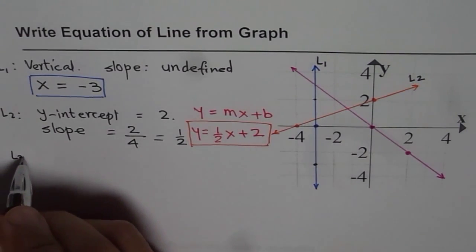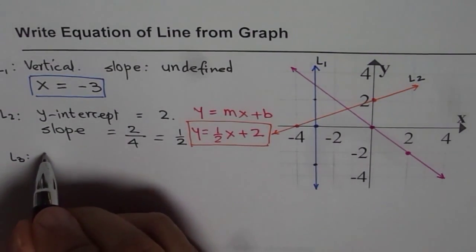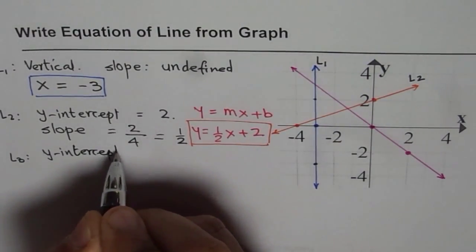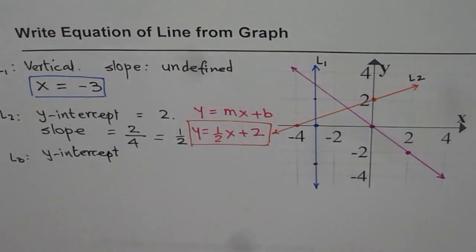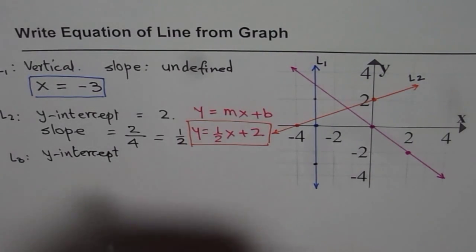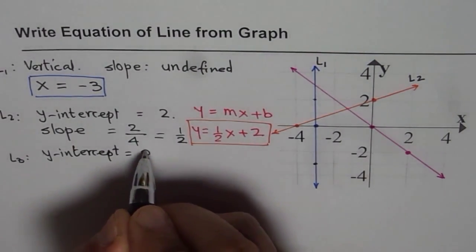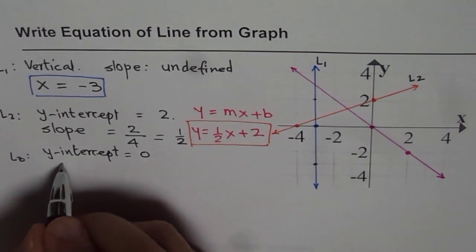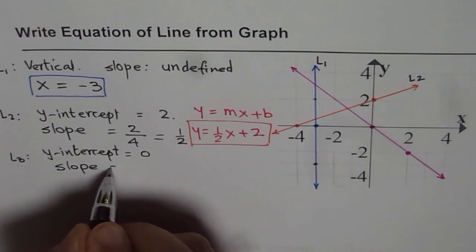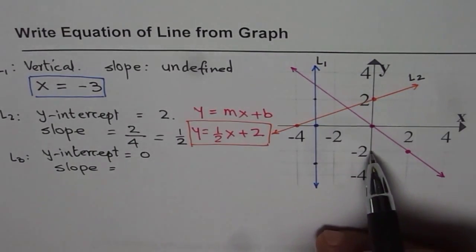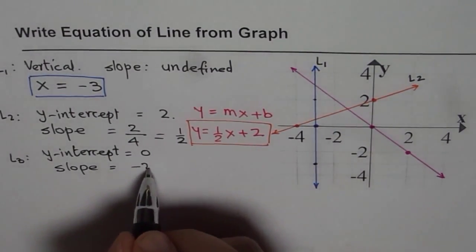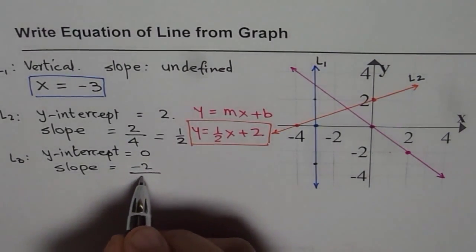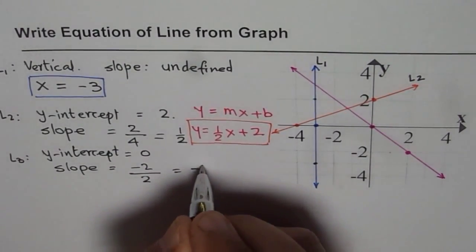So for the third line, L3, the y-intercept is at the origin, so we can write this as 0. And the slope for this line: 1, 2 downs, minus 2, and 1, 2 to the right, which is plus 2, which gives us minus 1.